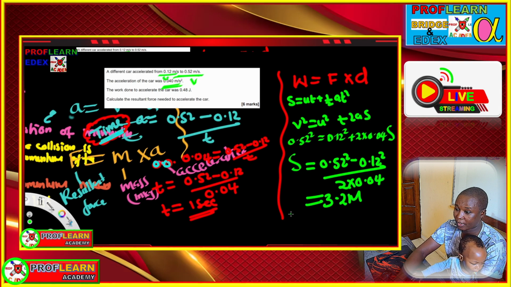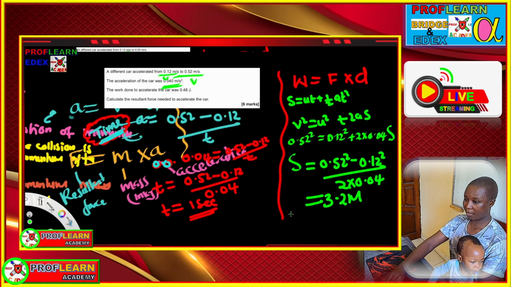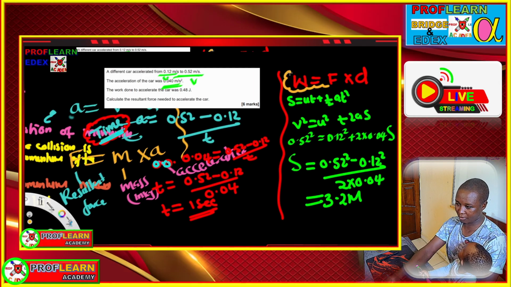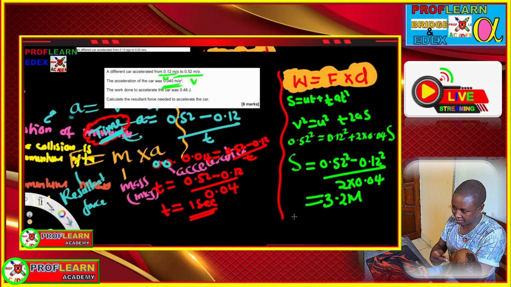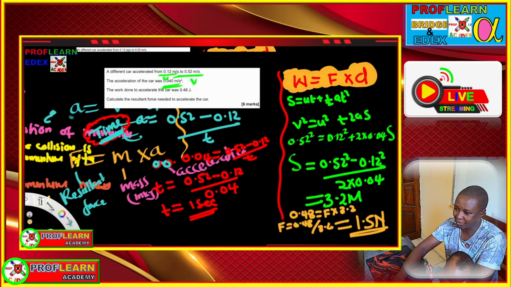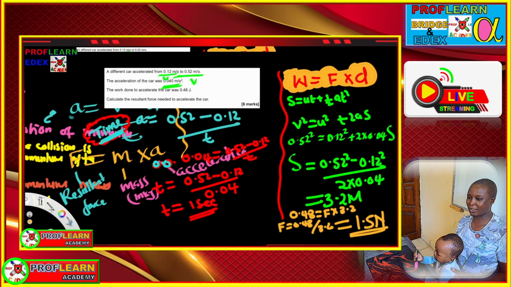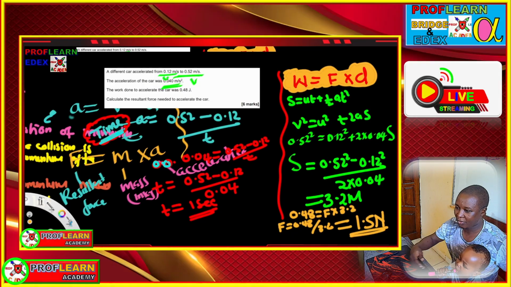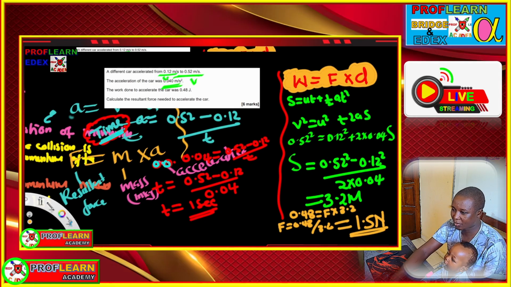Once you have the 3.2 meters, then you can say that work done is equal to force times distance. So since we have the work done 0.48 and the force we don't know, and the distance we have already gotten to be 3.2, then we can get 1.5 newtons as the force that was applied on the object.